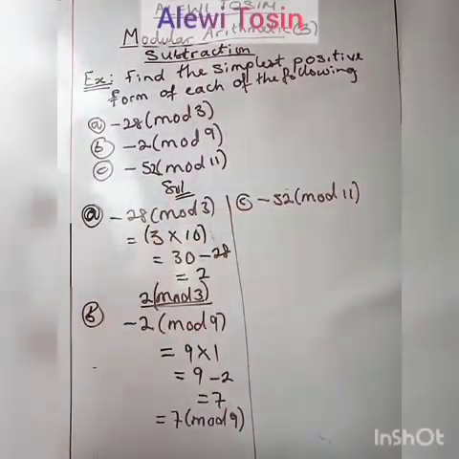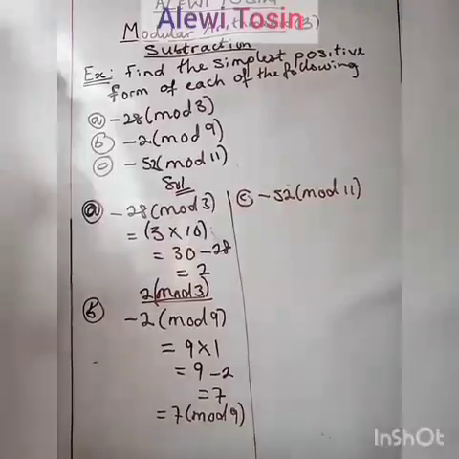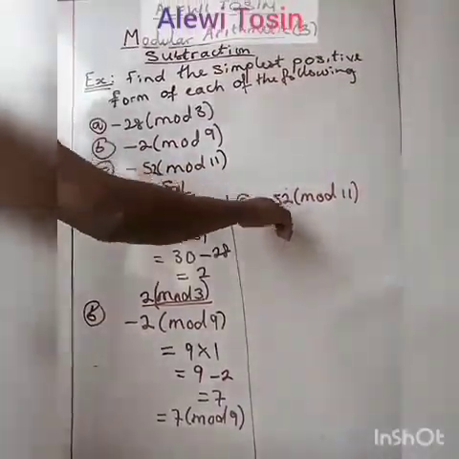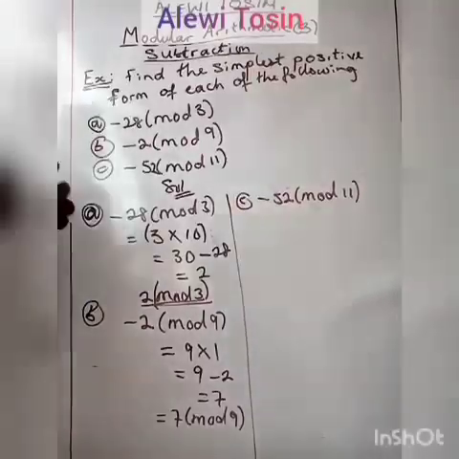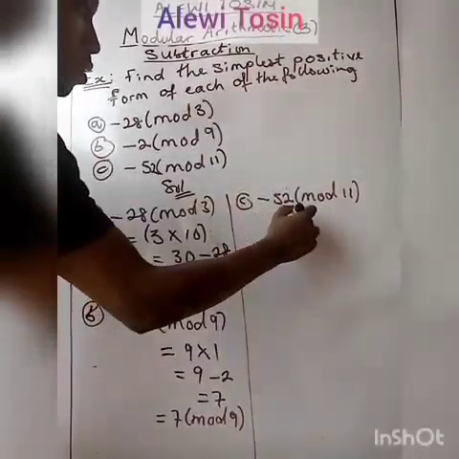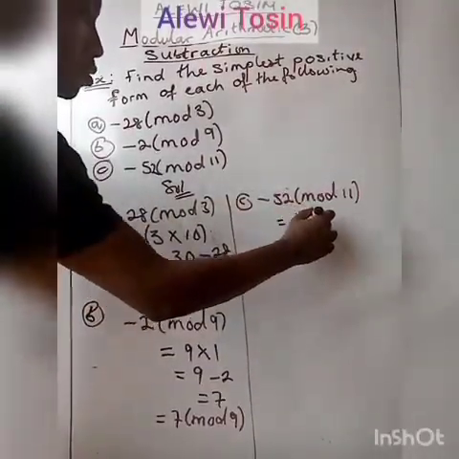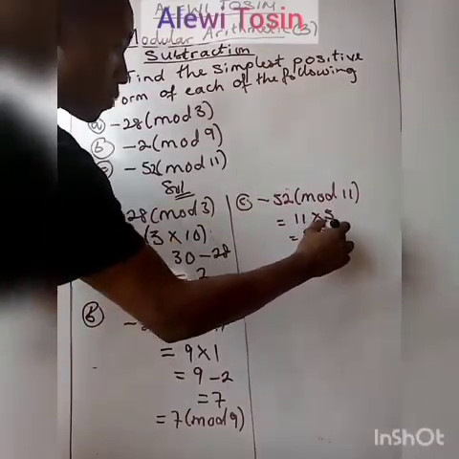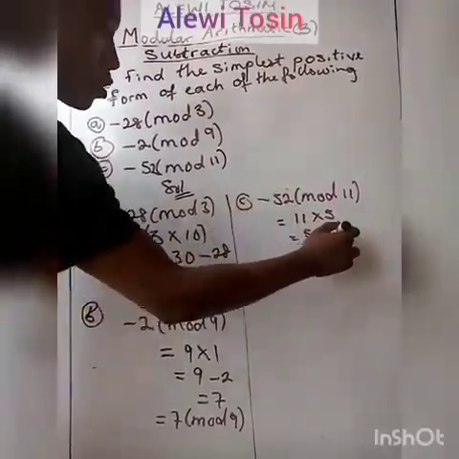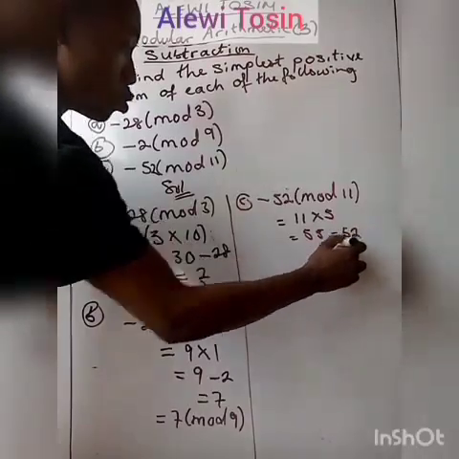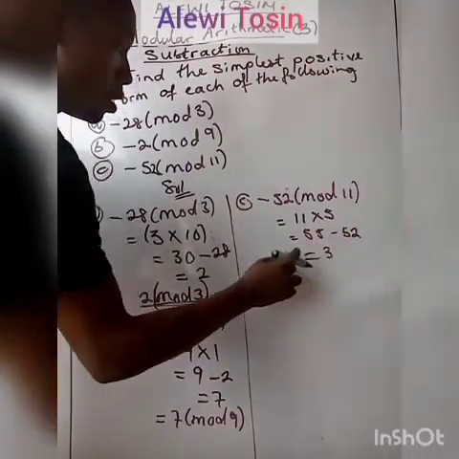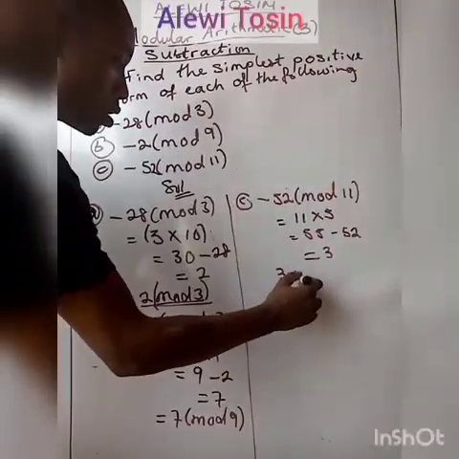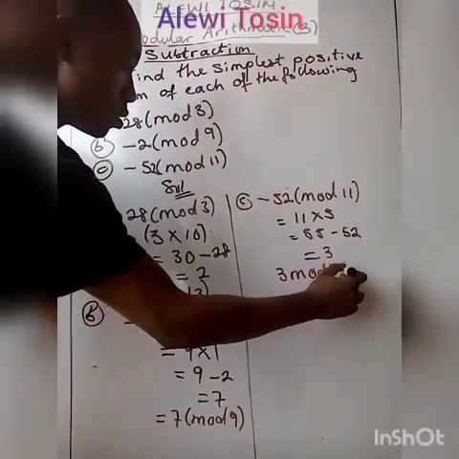For this, the smallest number that I can multiply by 11 to give me a number bigger than 52 is 5. 11 times 5 gives me 55. Now 55 minus 52 will give me 3. So you can say minus 52 mod 11 is 3 mod 11.